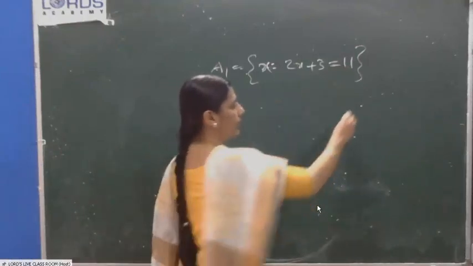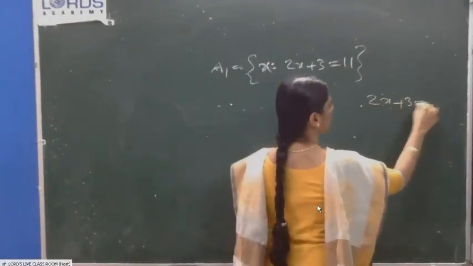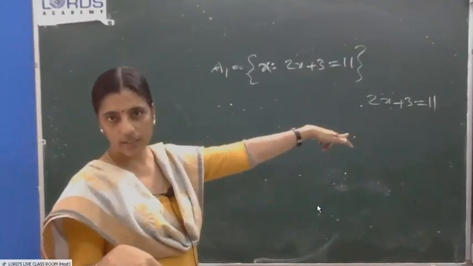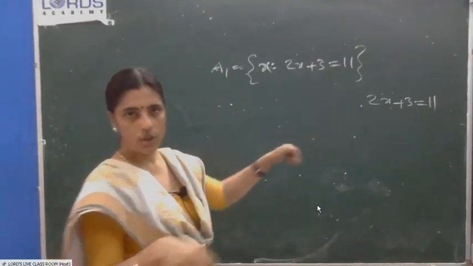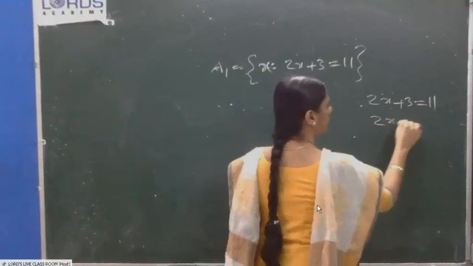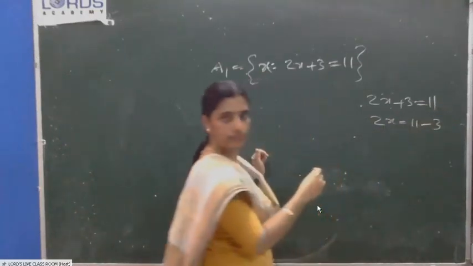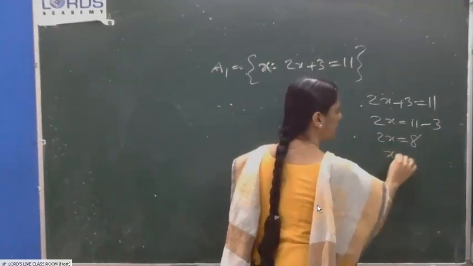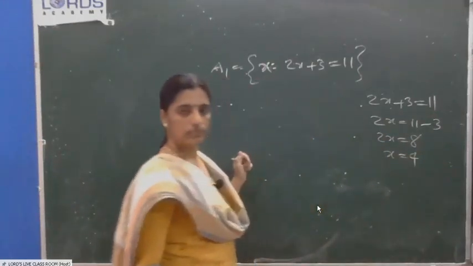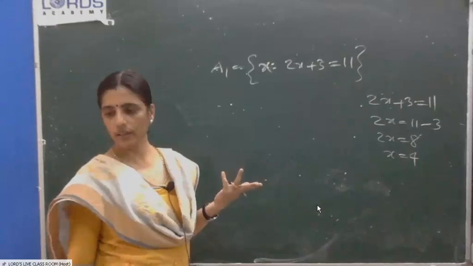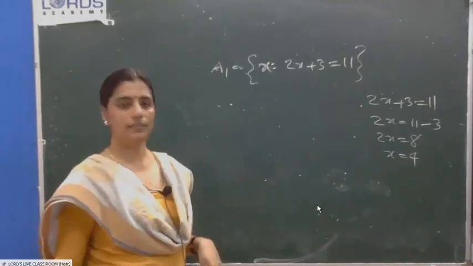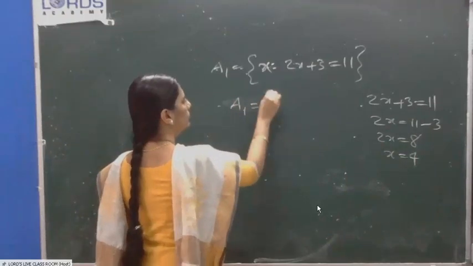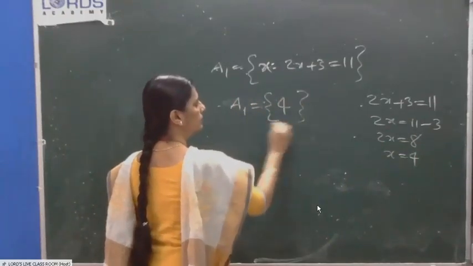Last time also we got such an equation. We got an inequation and we solved. Like this also you write in the right side and solve. 2x is equal to 11 minus 3. Correct? 2x is equal to 8. X is equal to 4. So what is the answer? Only one member. A1 equal to the set 4.